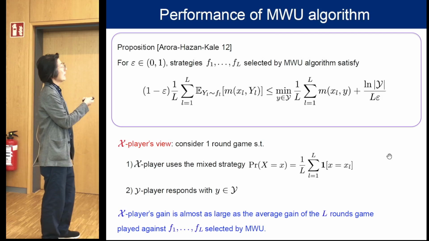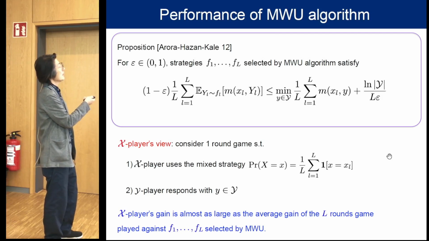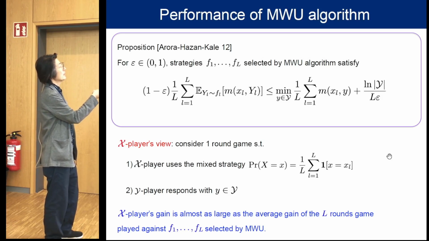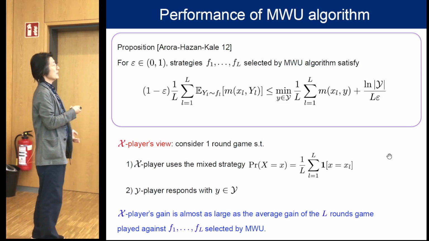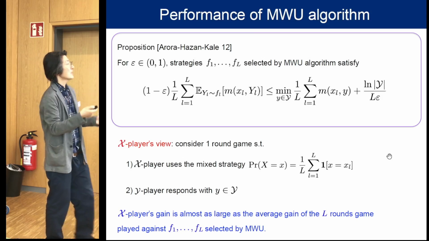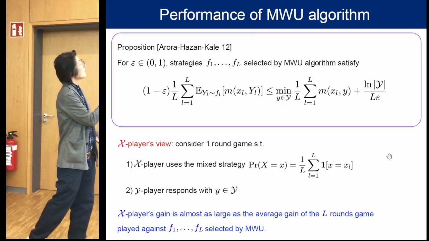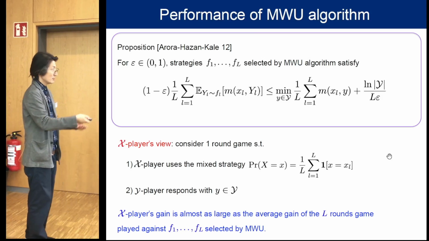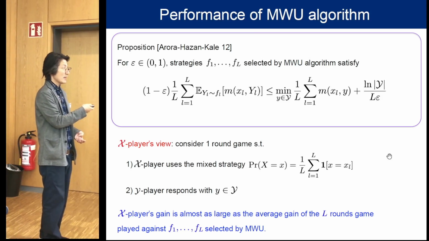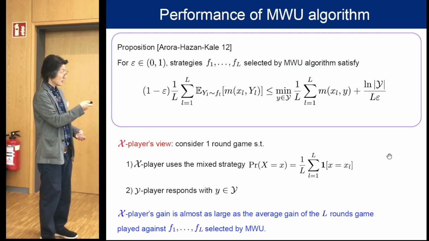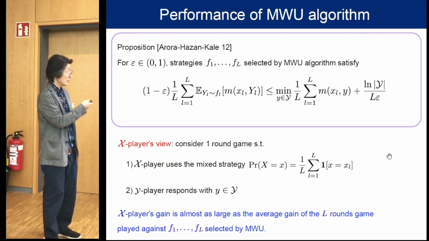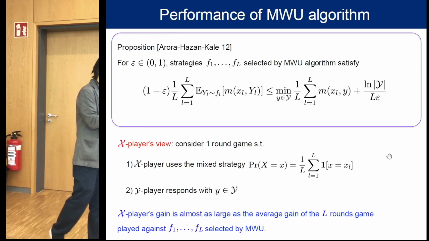And then Y player responds with the best strategy. Okay. Then X player's gain will be this term. And another interpretation of this bound is that X player's gain is almost as large as the average gain of the L-round game played against f_1 through f_L selected by MWU algorithm. And later in application, we will use this interpretation.